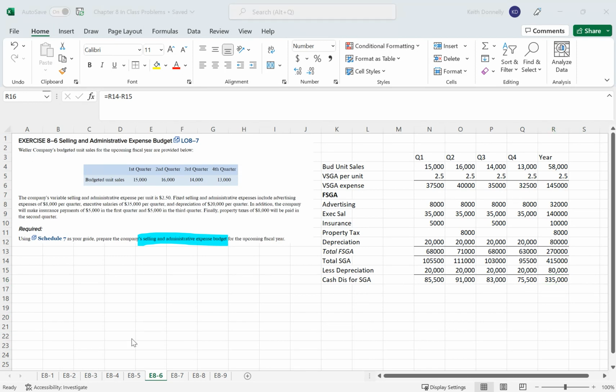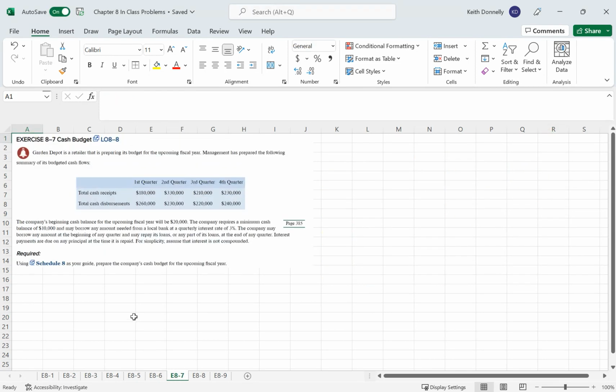Let's look at 8.7 here. Okay, so it says Garden Depot is a retailer that's preparing its budget for the upcoming fiscal year. Management has prepared the following summary of its budgeted cash flows. So we have 4 different quarters there. Basically what we think we're going to collect in cash and what we're going to pay. It says the company's beginning cash balance for the upcoming year is $20,000.